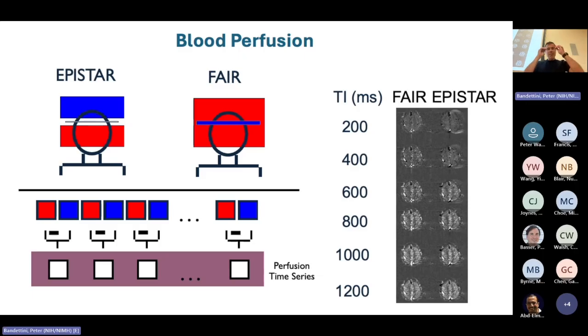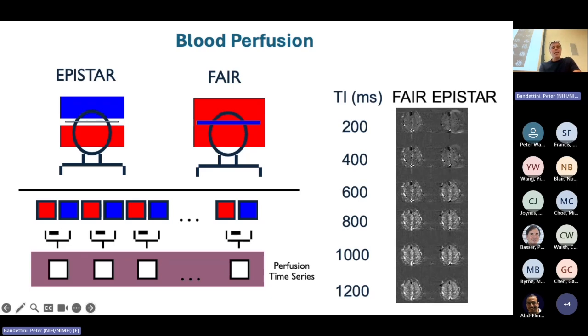In the last 5 minutes or so, I'm going to cover perfusion, which is pretty straightforward. Hardly anyone uses it for fMRI because it's so low signal to noise, but it's still useful. Back when fMRI was discovered, there were a couple of other techniques, mostly initially used for angiography.